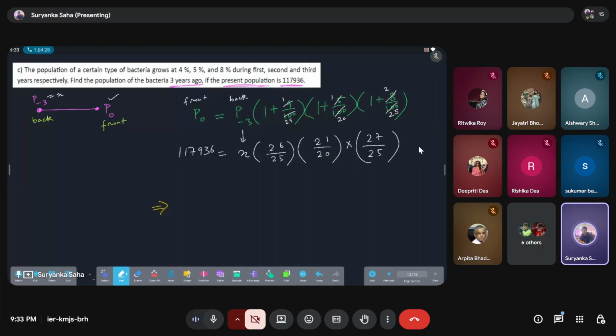So X will be 117936 into 25 into 20 into 25 divided by 26 into 21 into 27. Understood? All these are going down from here, and from here going up, and you get X alone.